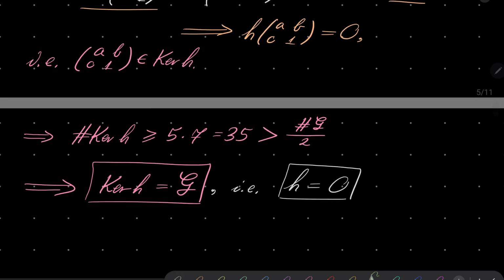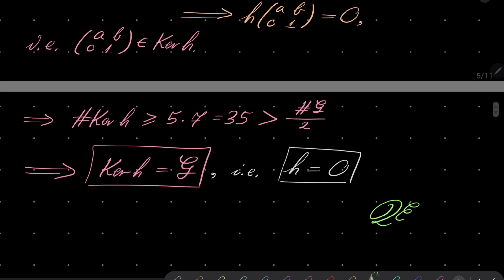And this closes our proof. The only homomorphism of these groups is the zero homomorphism.